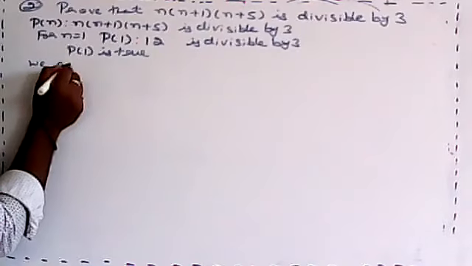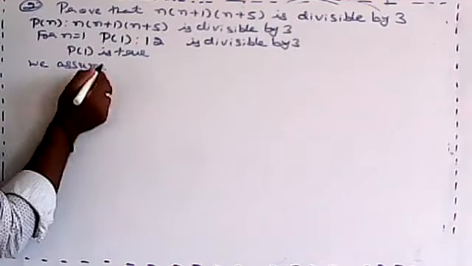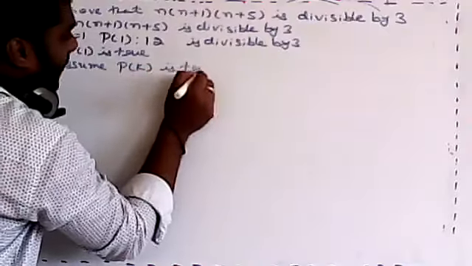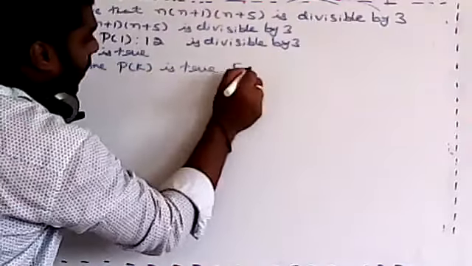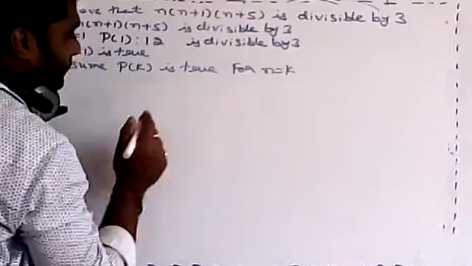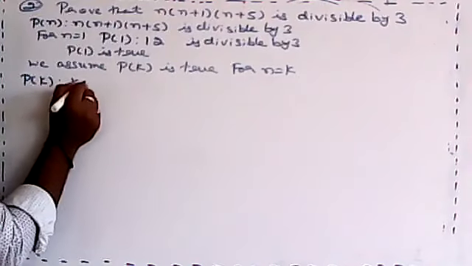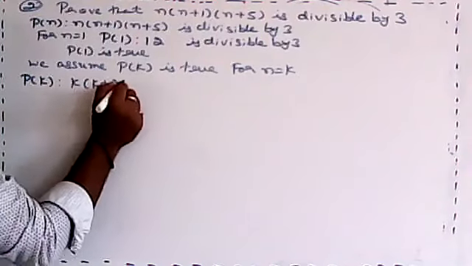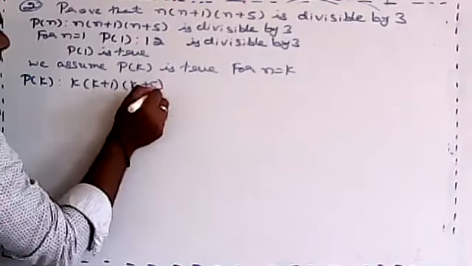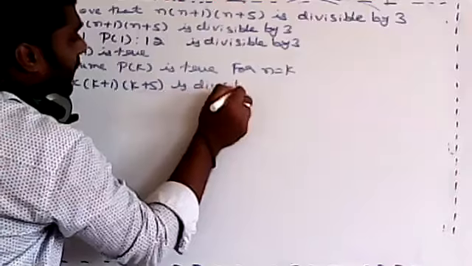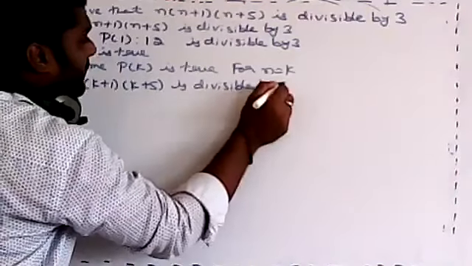That is what we assume. We assume p of k is true, for n is equal to k. That time p of k is k into k plus 1 into k plus 5 is also divisible by 3.